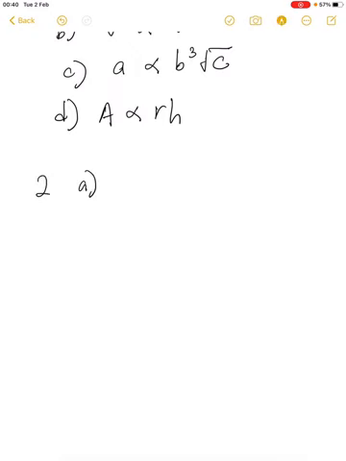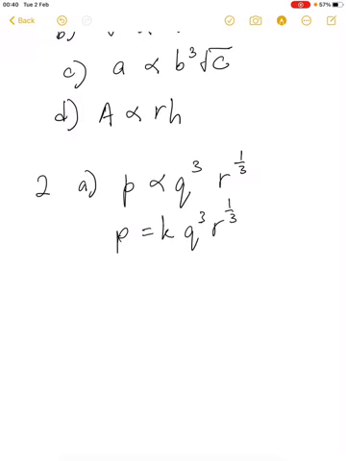Calculate the K. Okay, P varies directly as Q cube and R power 1/3. So first we change the symbol to equals to K, like this, and then we substitute the values.